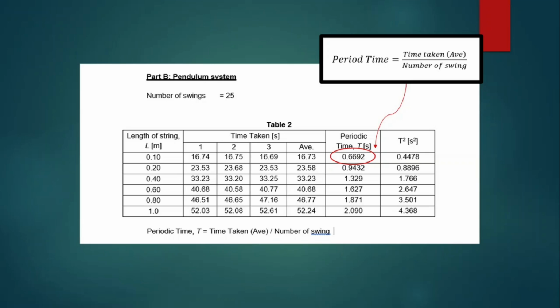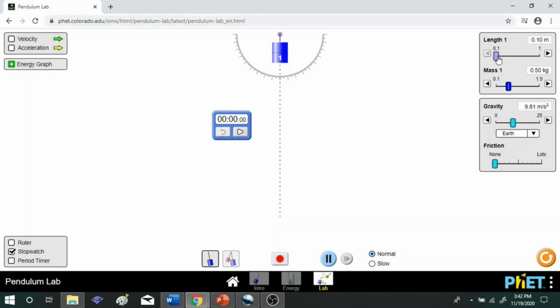For the next example, the length of string is 0.20. Click at the length and set 0.20, and click at the mass until 50 degrees.